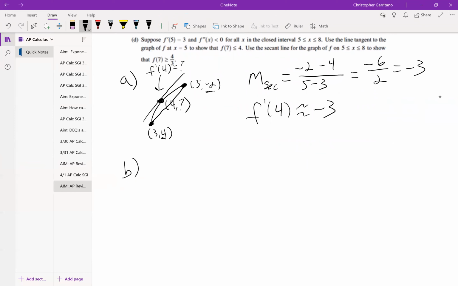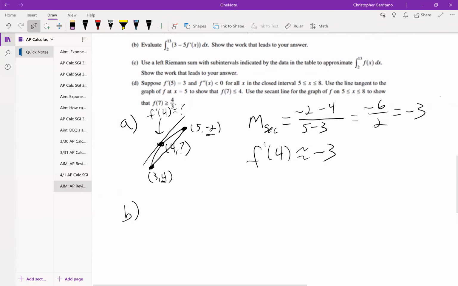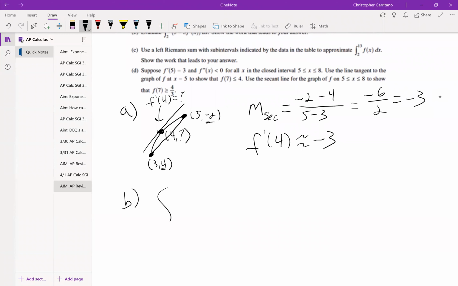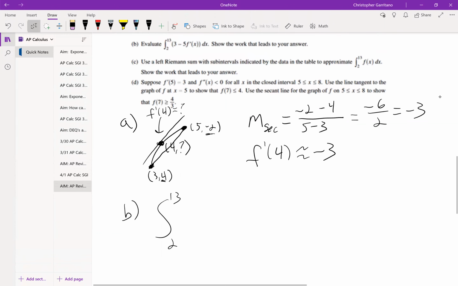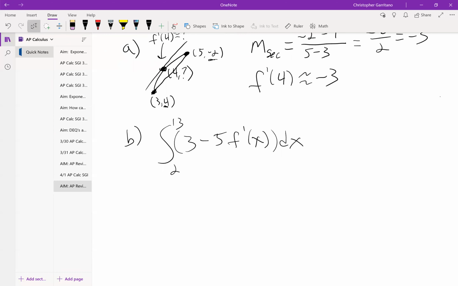All right, part B. We want to evaluate this integral. So it's a definite integral from 2 to 13 of 3 minus 5 f prime of x dx. All right. So I definitely see the fundamental theorem of calculus coming into play here.